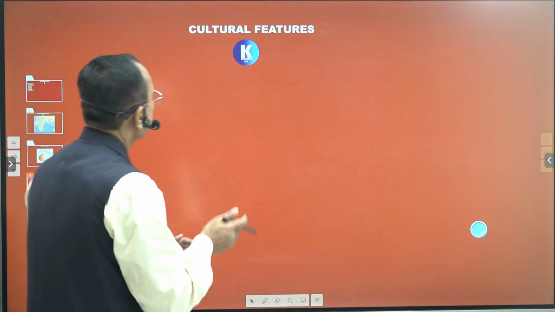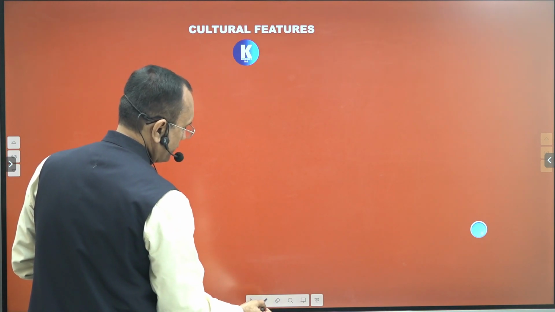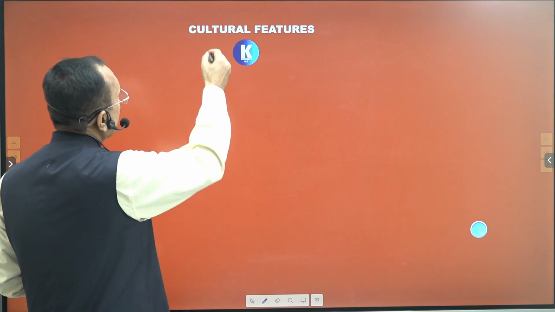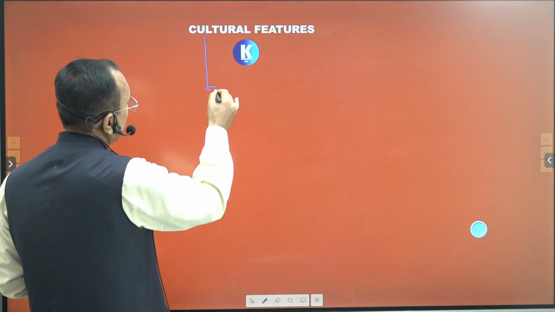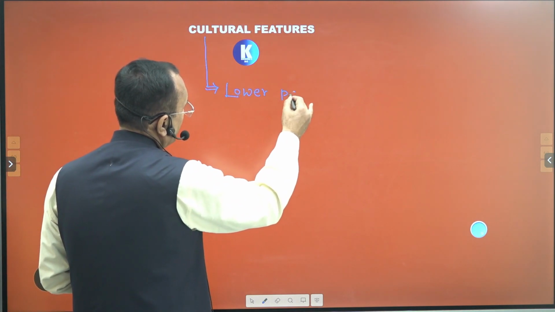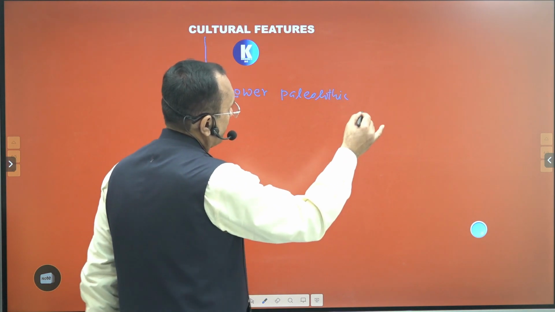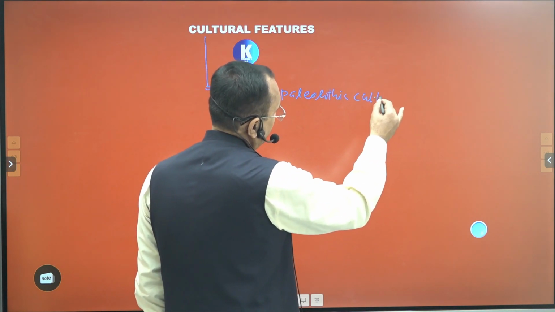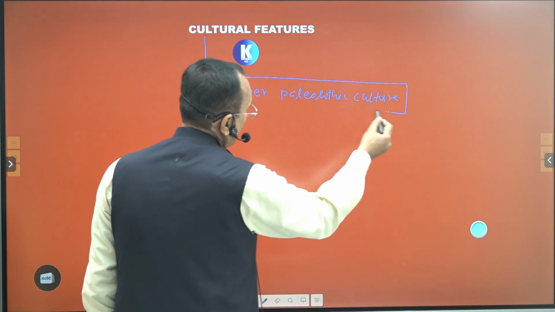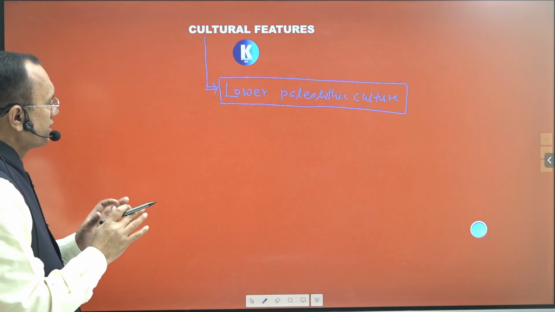So first, Homo erectus was related with the Lower Paleolithic culture of Asia, Africa and Europe. So that was related with the Lower Paleolithic culture.